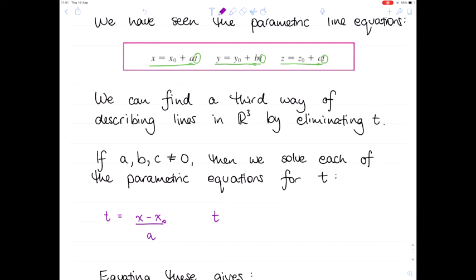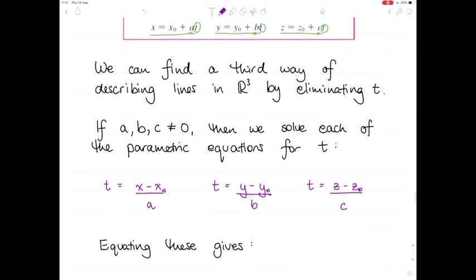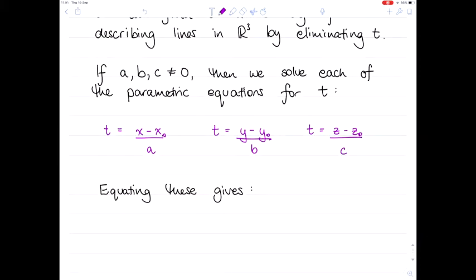Solving our y equation, we get t is equal to y minus y naught over b. And for z, we get t is equal to z minus z naught over c. So now we have 3 equations. The right-hand sides are all different, but the left-hand sides are all t, so we can equate these.